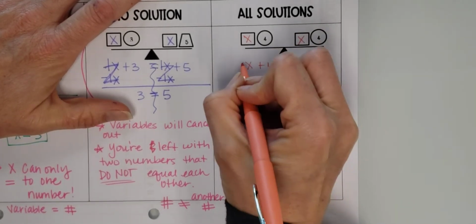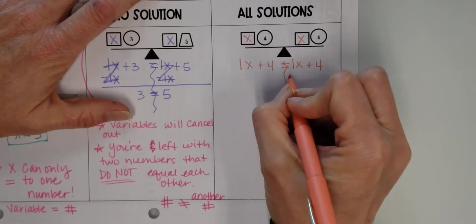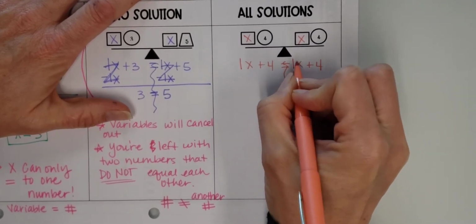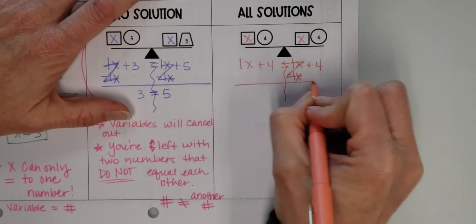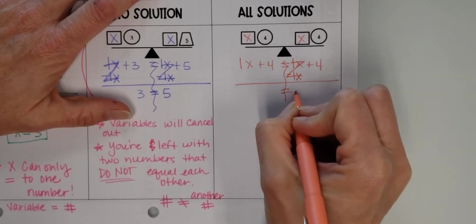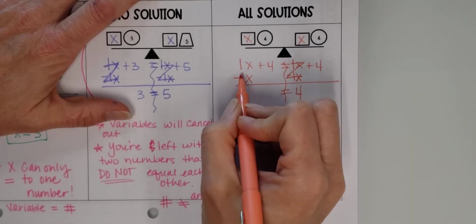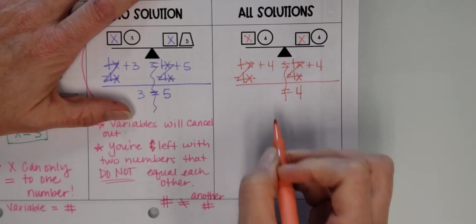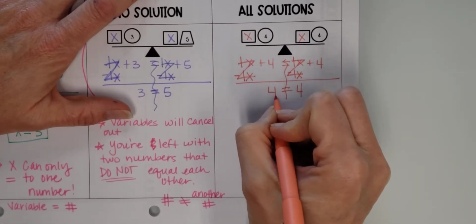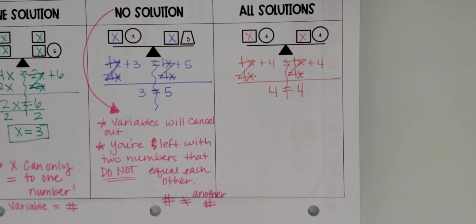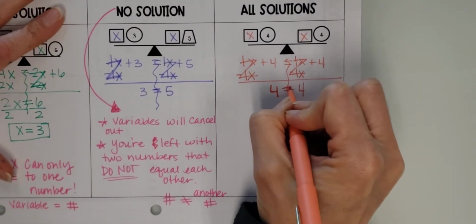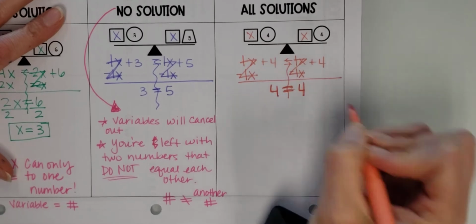So again, these are 1x. I'm going to subtract 1x over here, which is going to zero those out, and over here I'm left with just the 4. Now I'm also going to subtract the 1x over here, which again cancels those variables out, and I'm only left with 4 over here. So what you're left with is 4 equals 4.